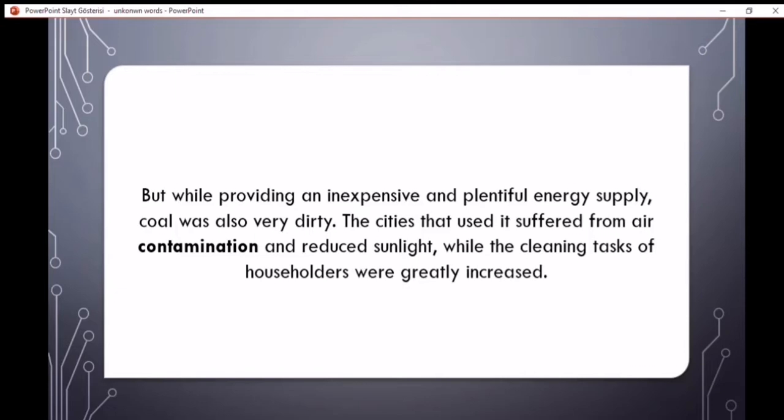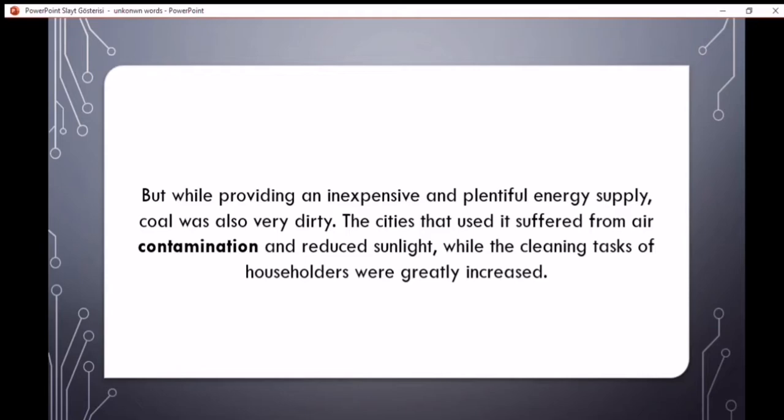And I get this idea because it says, while providing an inexpensive and plentiful energy supply, it was very dirty. Now, I'm expecting the writer to say something negative, to continue talking about the disadvantage of coal. It was very dirty, so it means I'm going to explain it further.